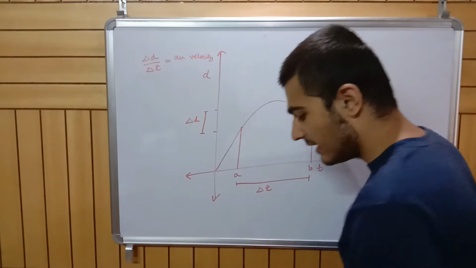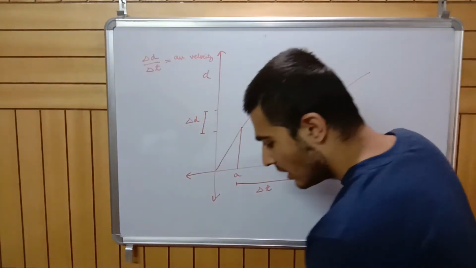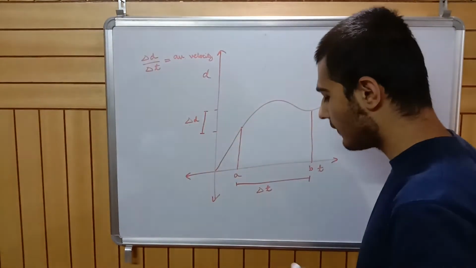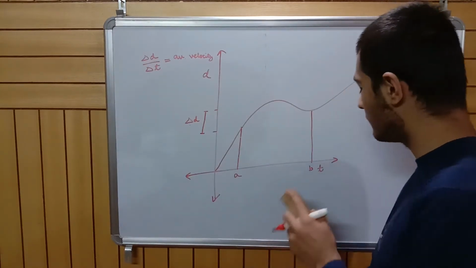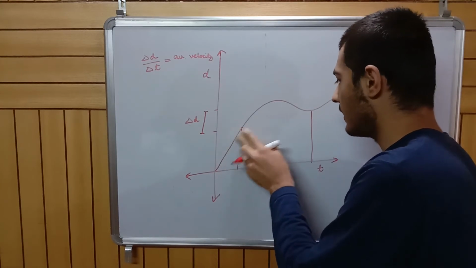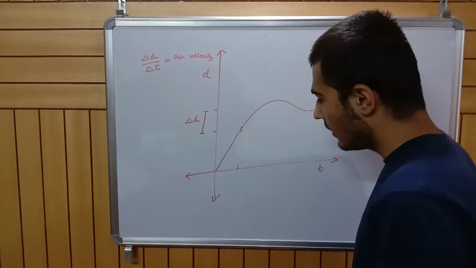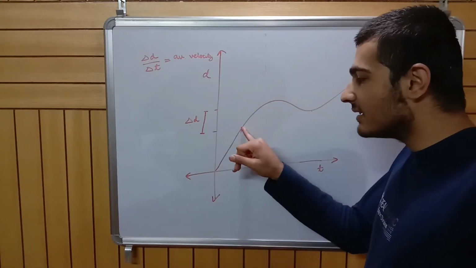Instantaneous rate of change is actually calculated at a single point. Let's say, what is the velocity at this point in time? There I don't take an interval. I've covered this in a previous video also, but I'll give you a brief here. Instantaneous rate of change is simply the velocity at a single point.